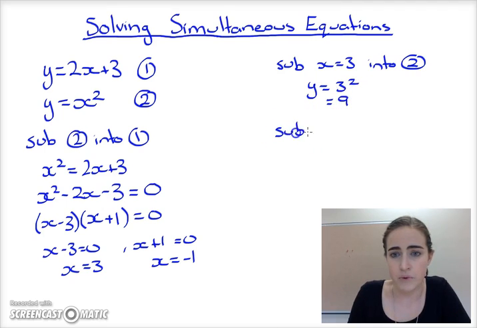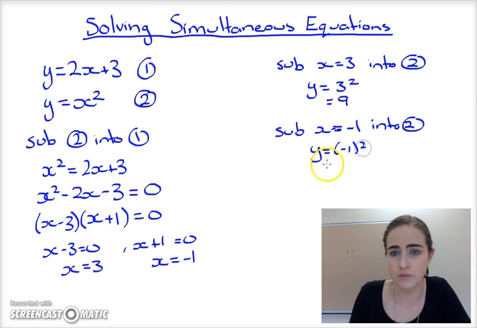For the other point, sub x equals minus 1 into equation 2, and we'd have y equals minus 1 squared, which is equal to 1. So our points of intersection are (3, 9) and (minus 1, 1).